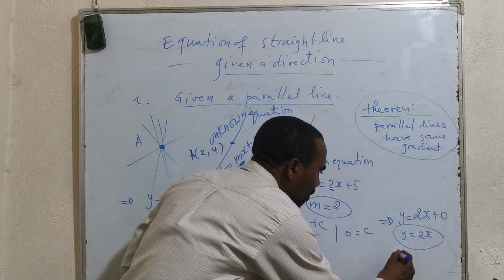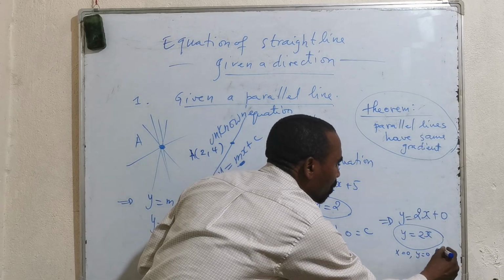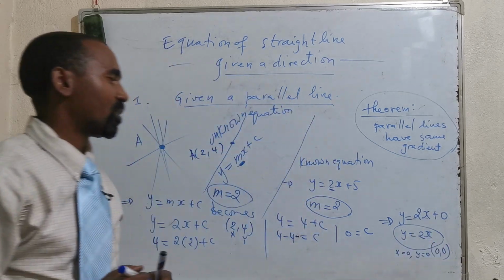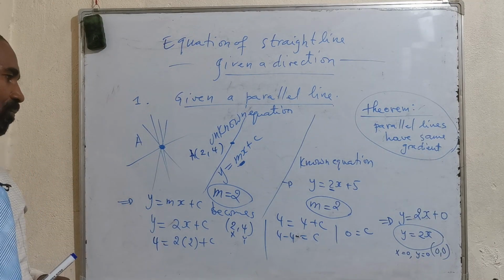When x is 0, y also is 0, so the line passes through the origin (0, 0).